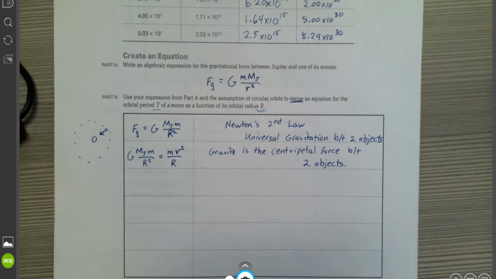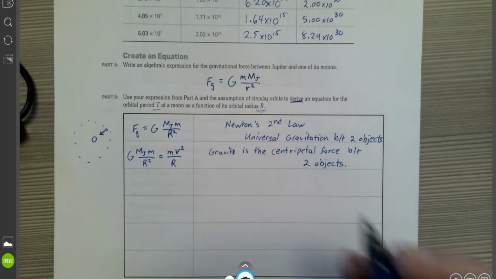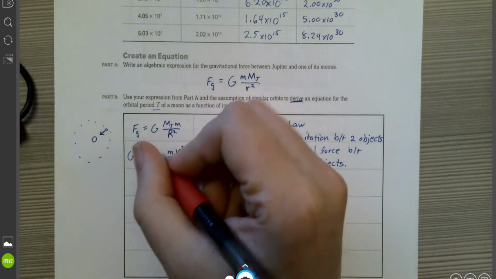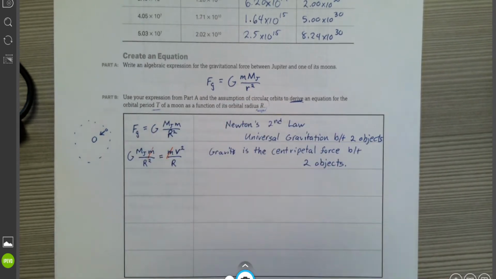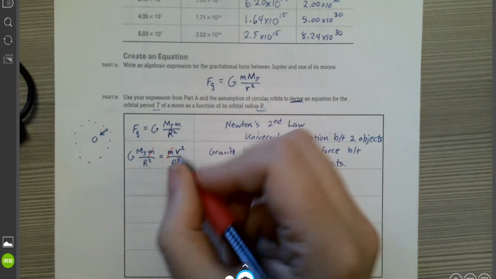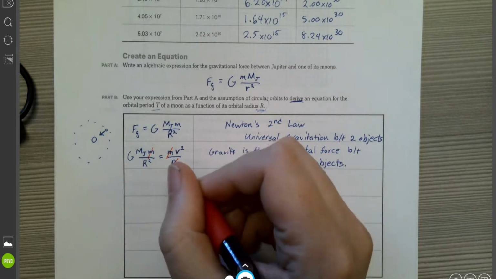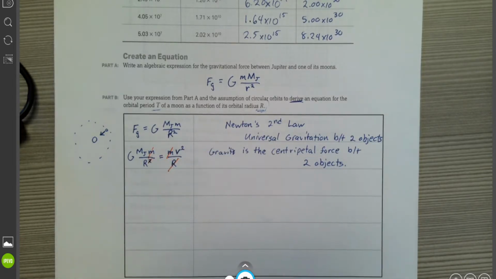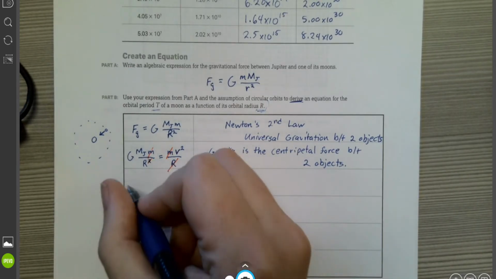All right, and you could probably come up with a couple of other justifications too if you wanted to. Now, to make our life easier down the road, let's go ahead and cancel out a couple of things that will cancel out eventually. So the mass of the moon is on both sides, and since everybody brought the mass of the moon to the party, we can get rid of both of those. We can also get rid of one of the big R's, and one of the squareds over here, so that we're just left with the velocity squared. This will make solving our equation a little bit easier.